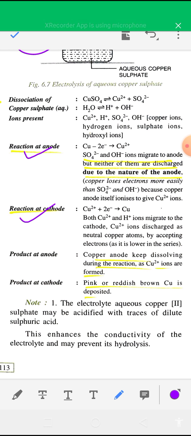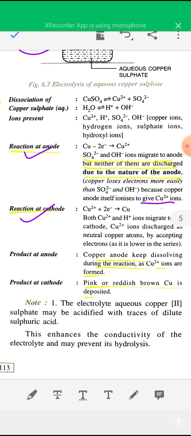At the anode, copper metal will corrode and come into the solution as Cu2+ ion. Okay, so SO4 2- and OH- ion migrate toward the anode, but neither of them is discharged due to the nature of the anode. Copper loses electrons more easily from the anode than SO4 2- and OH- ion, because the copper anode itself ionizes to give Cu2+ ion. So you will see that the anode will corrode.